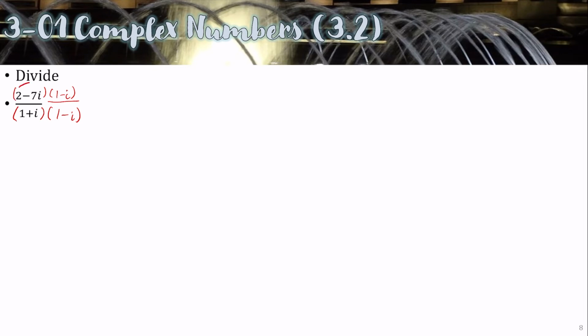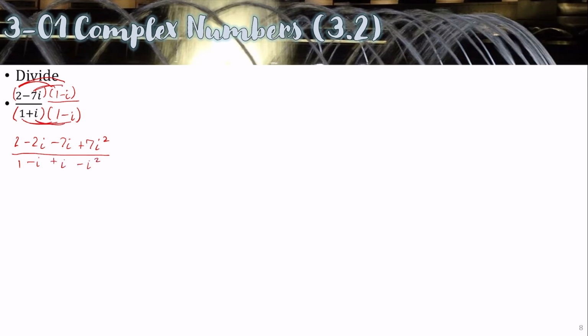So then we multiply. 2 times 1, 2 times negative i. Negative 7i times 1. Negative 7i times i is plus 7i squared. The bottom will be 1 times 1. 1 times negative i. 1 times i.